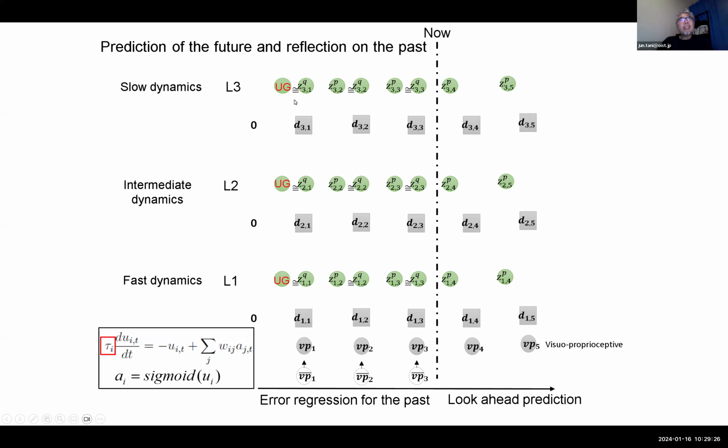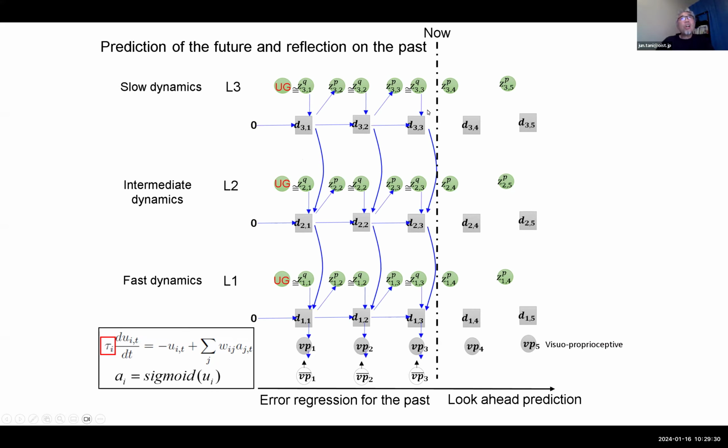What the network does is go top down from the higher to the lower level, and the signal goes this way, finally generating visual perceptive prediction or reconstruction.